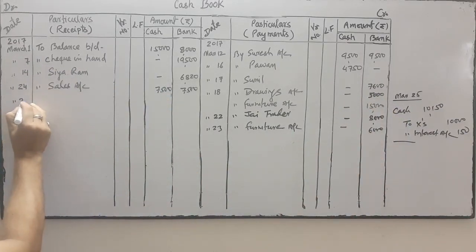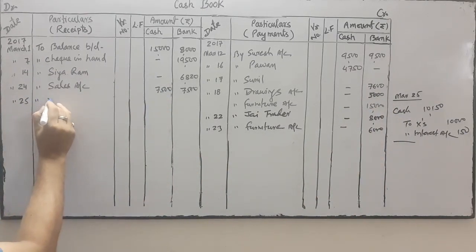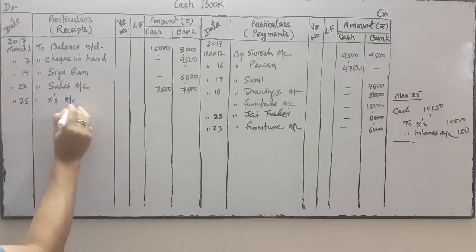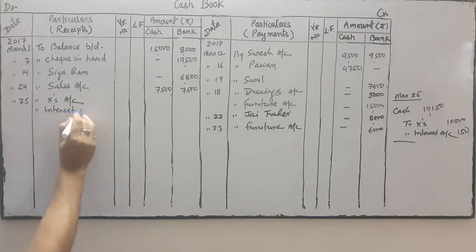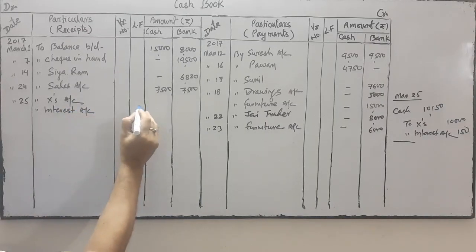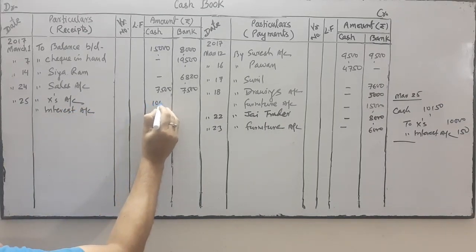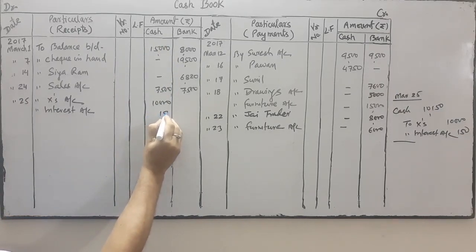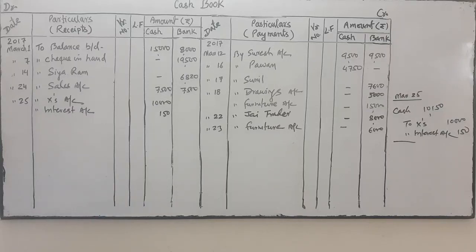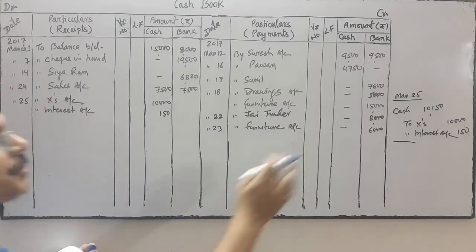So on 25th you write to X account, to interest account. X account 10,000 in the column of cash, and here interest is 150. Cash is on debit.